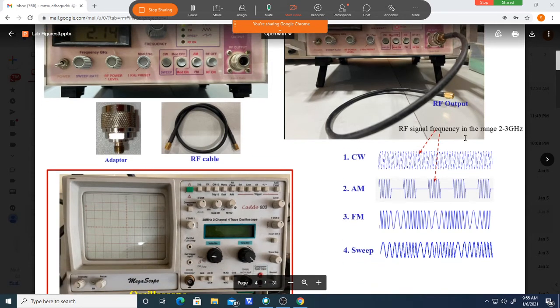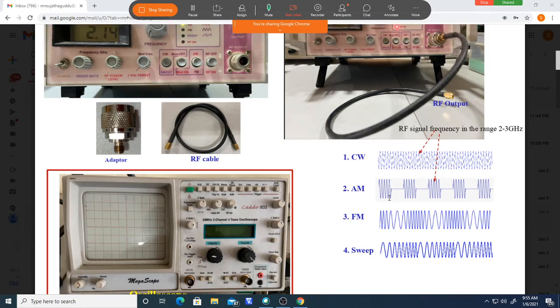If there is an equipment with a measuring range of 2 to 3 gigahertz, then you can see these waveforms, because the carrier is 2 to 3 gigahertz.